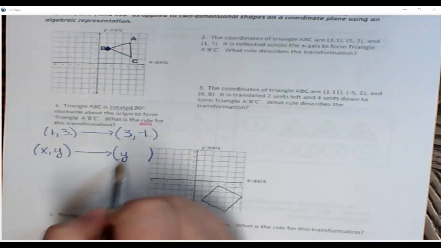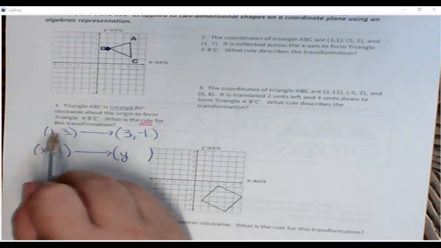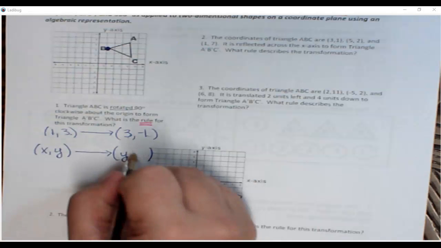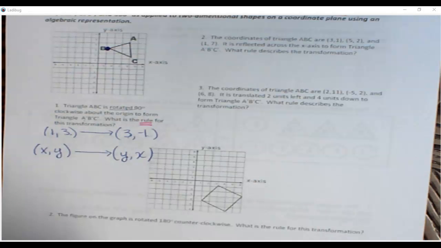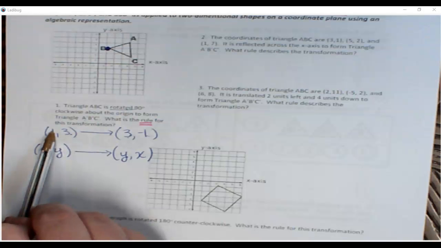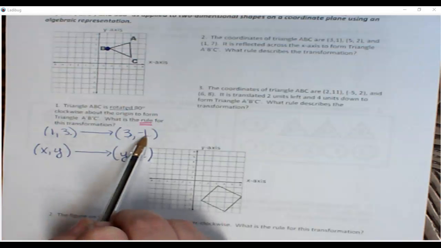The y number, the 3, came up front. The x number, the 1, came to the back. So that's the first step. Now we have to look at, did anything change to its opposite? So let's go back to the original. The original x, when it rotated, went to a negative 1.